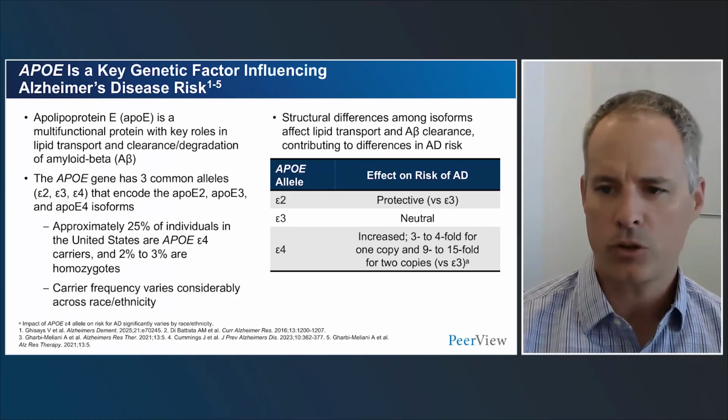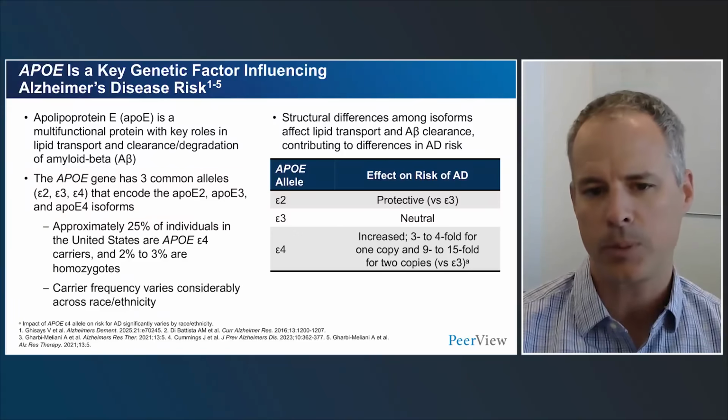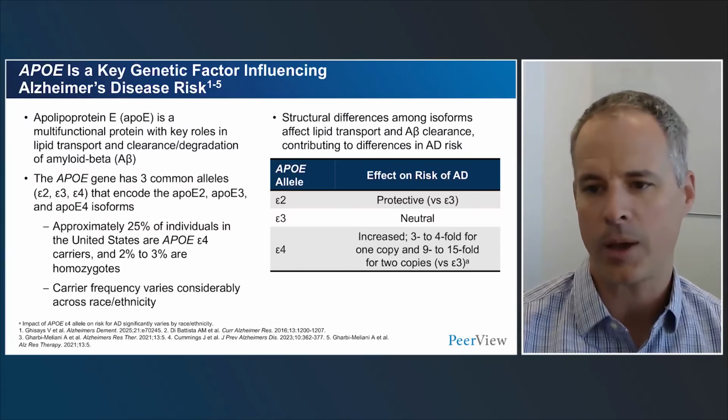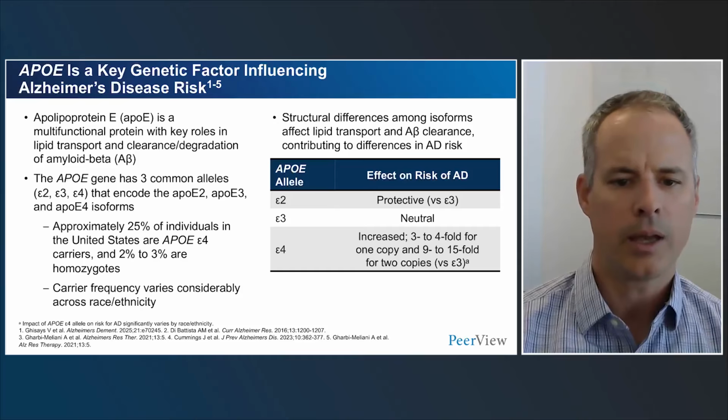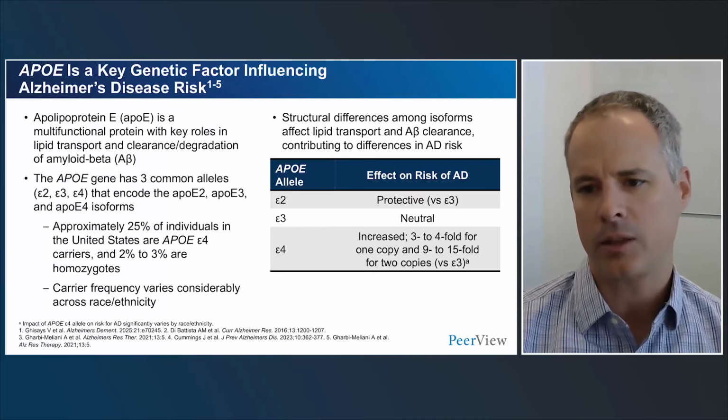There are structural differences between these different APOE isoforms that affect their ability to transport lipids, to interact with amyloid beta, and to affect other aspects of Alzheimer's disease pathophysiology. In general, it's safe to say that the E3 allele is considered neutral.